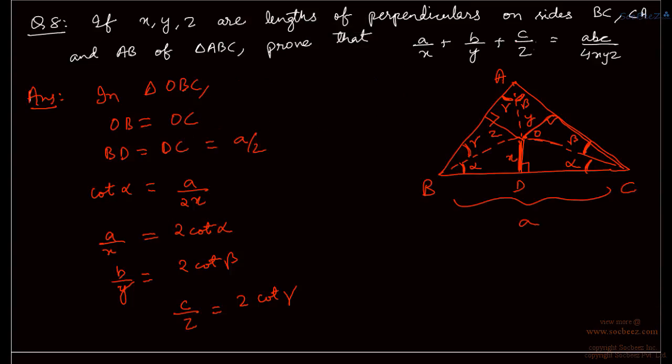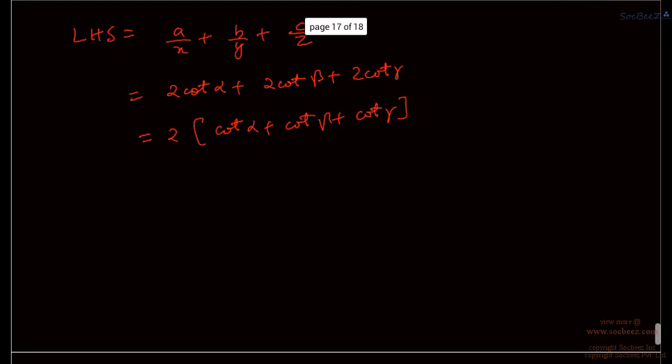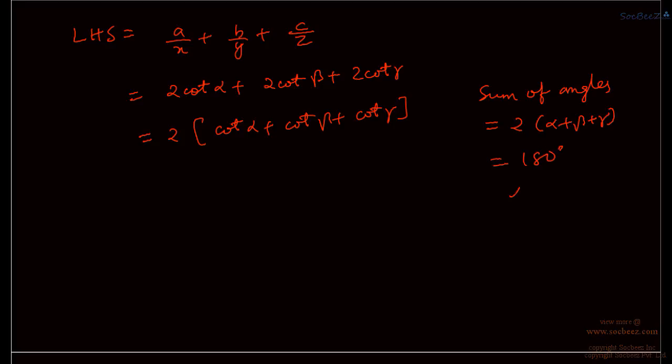Now, if I look at these angles again, I see that the sum of the angles must be 180 degrees, and the sum of the angles is nothing but, if I start with A, it's beta plus gamma plus alpha plus beta. So the sum of the angles is nothing but 2 times alpha plus beta plus gamma, right? So sum of angles is equal to 2 times alpha plus beta plus gamma, which is equal to 180 degrees, right? So alpha plus beta plus gamma is equal to 90 degrees.